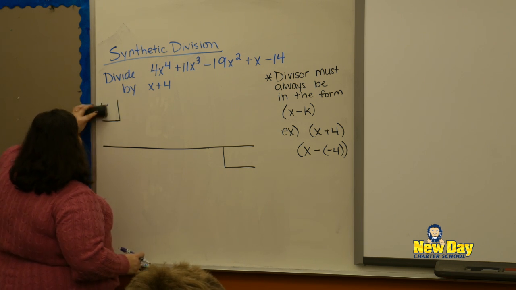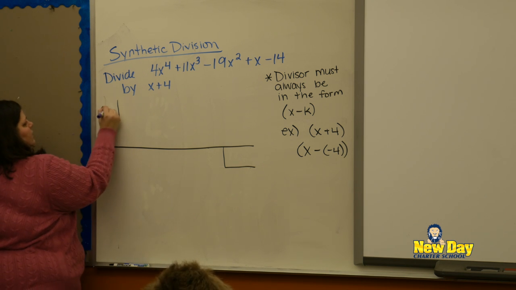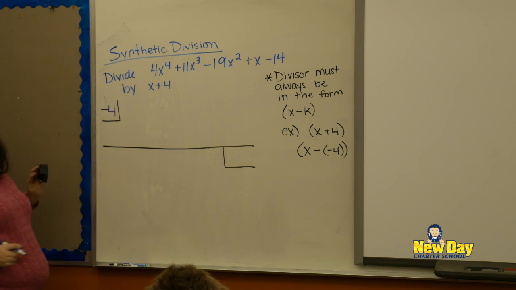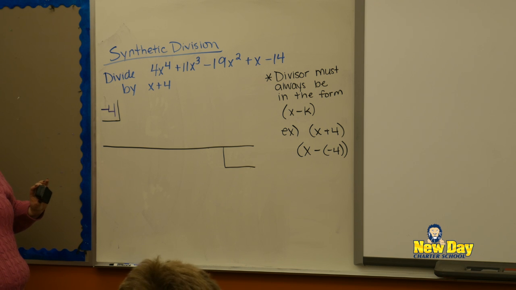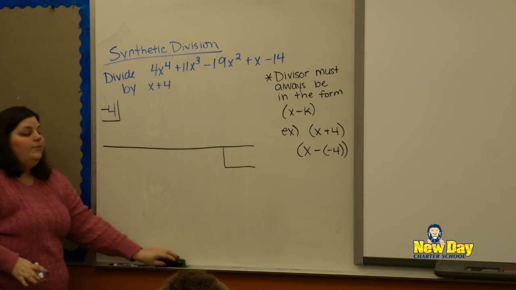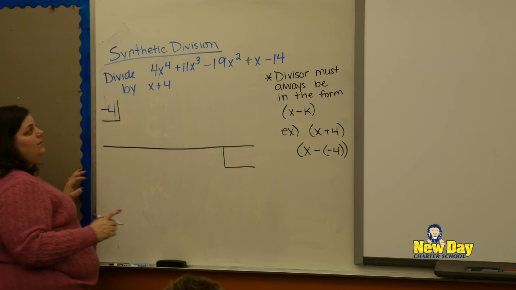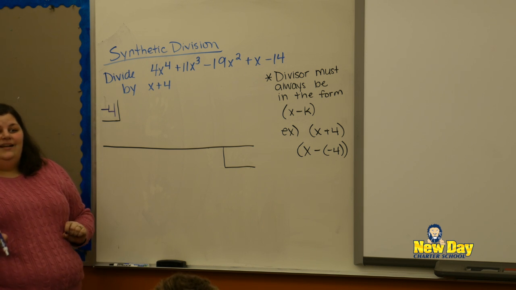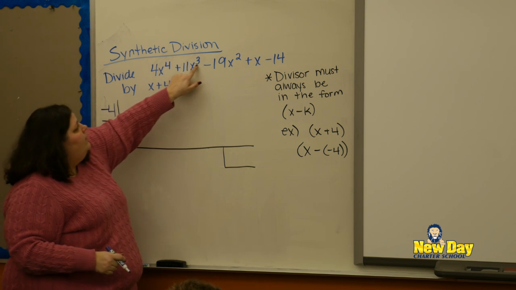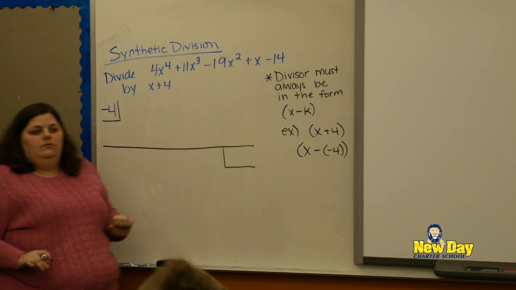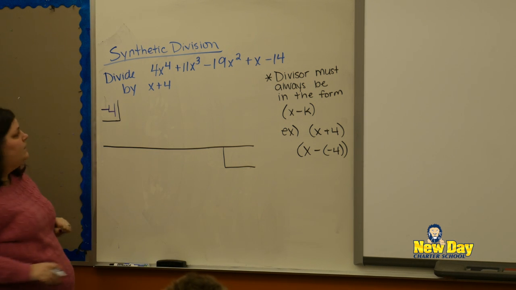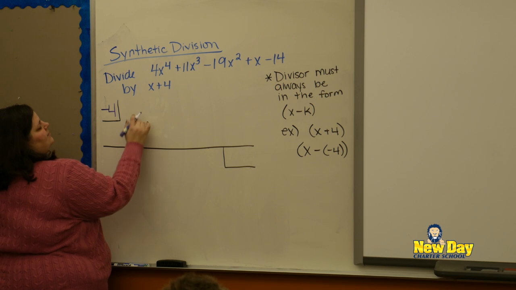In this case, k is negative 4. Is everybody with me on this? Yes? We're going to put just the coefficients. So we're going to ignore all the x squareds and everything. Put the coefficients in order. First, you need to make sure you're not missing anything. So we have 4, 3, 2, 1, we're good. I'll show you what happens if we're missing something later.